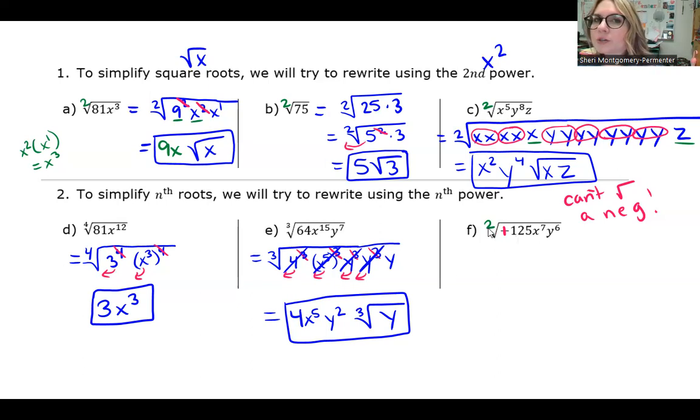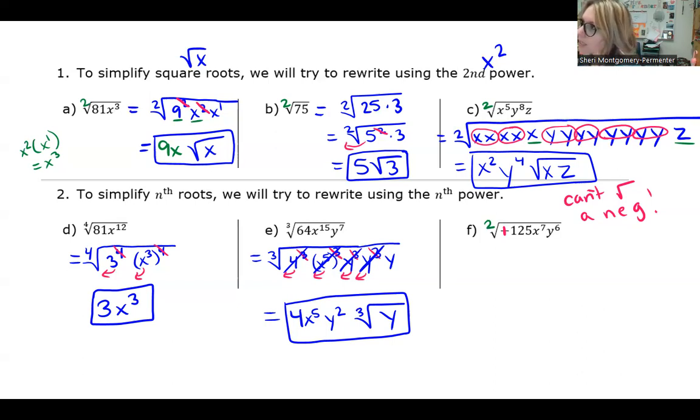So first thing that we're going to have to do is rewrite things to what power? Second power. Well, let's look down the x squared column. Do we see 125? No. Is there something in the x squared column that you could multiply by to make 125? So Ella's got it.